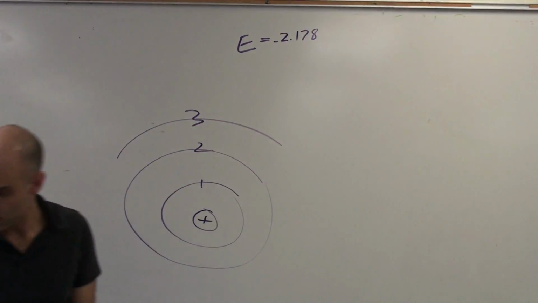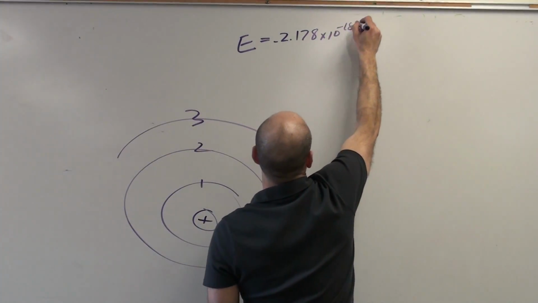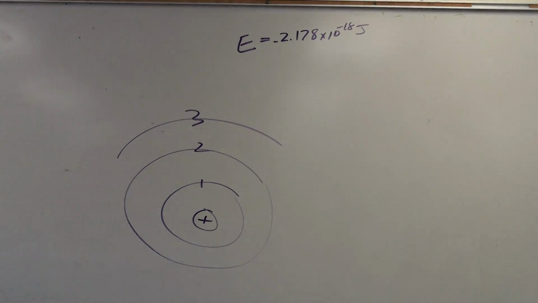2.178 times 10 to the negative 18th joules times 1 over n squared.